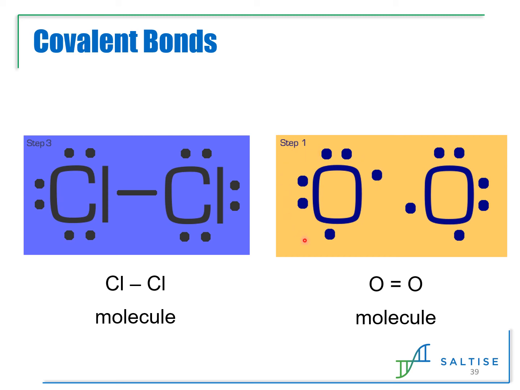They actually need 2 more electrons to become stable. Rather than sharing 1 electron with each other, they're going to need to share 2 electrons with each other. With the 4 electrons, 2 covalent bonds will be formed. And this is how an oxygen molecule is created.